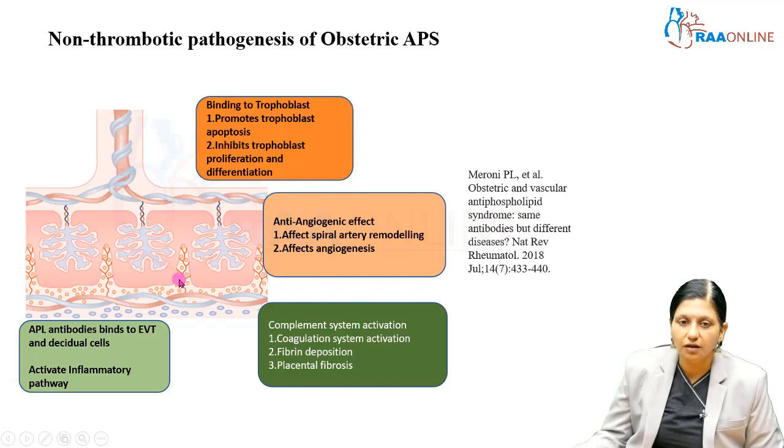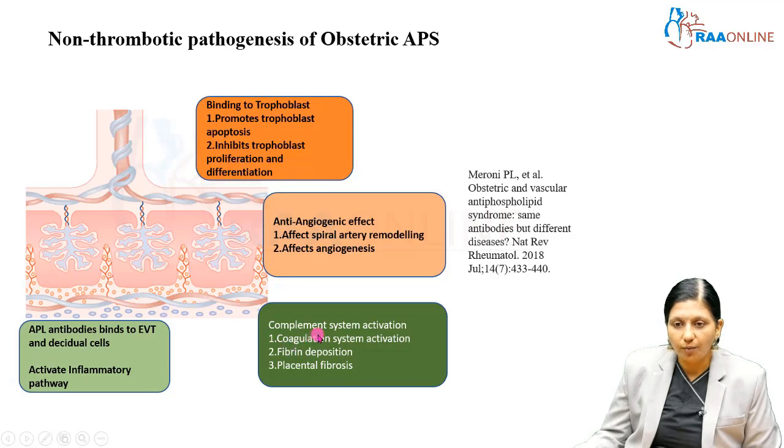So antiphospholipid antibodies can damage this interface. Now there is also an anti-angiogenic effect in APLA, where it is not only antibody-mediated damage, it is also the prevention of formation of blood vessels. So APLA syndromes can have non-formation of spiral artery remodeling, and there can be affected angiogenesis on the maternal side.